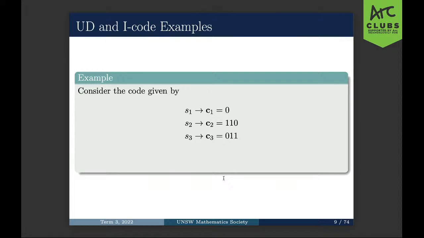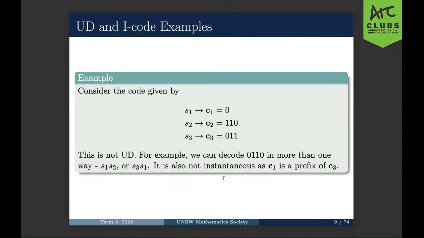Here's another example. We have another code: 0, 1, 10, 011. This is not uniquely decodable, and this is because we can decode the message 0110 in more than one way. We can either treat the first 0 as S1 and 110 as S2, or we can treat 011 as S3 and the 0 as S1.